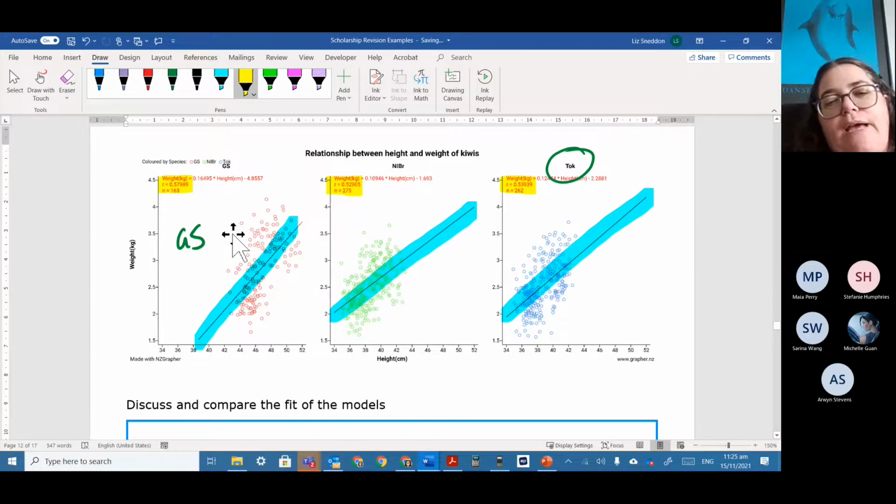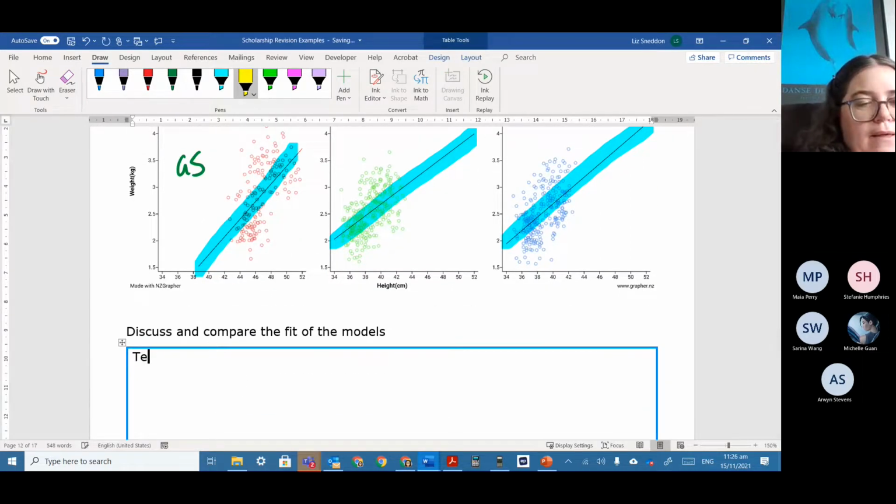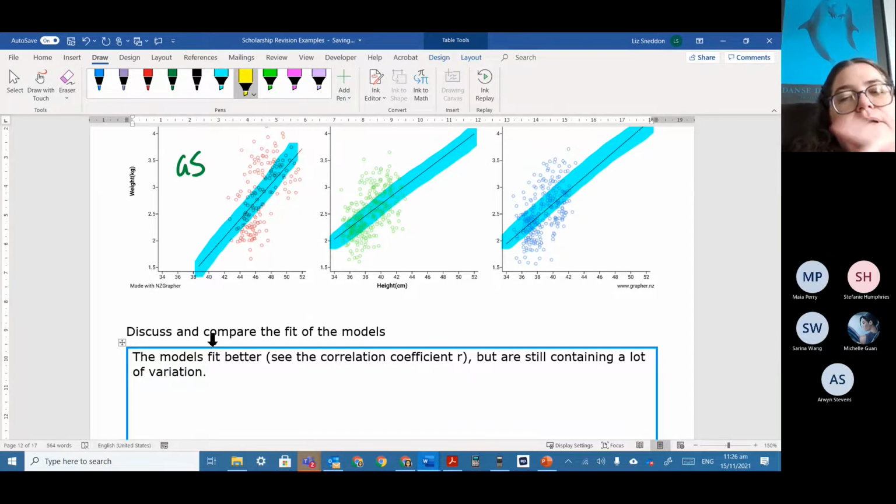It's the thing about how steep those lines are, the gradient of those lines is different depending on which species they're talking about. So I would say that the models fit better, see the correlation coefficient, but are still containing a lot of variation. So it's still variable, but better than it was.